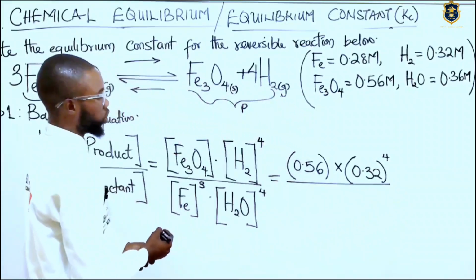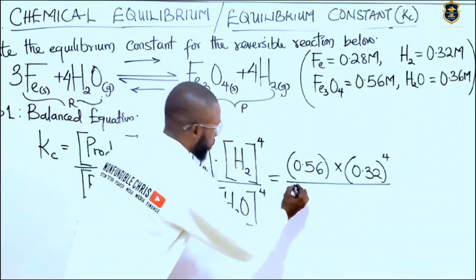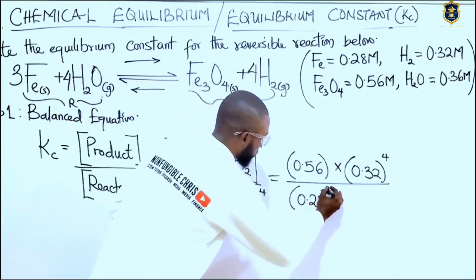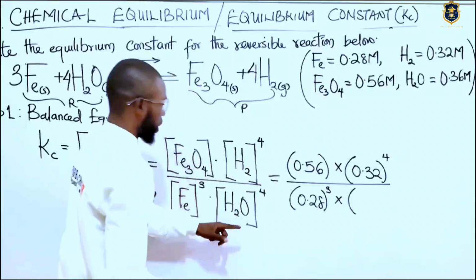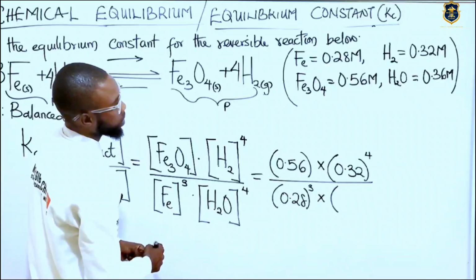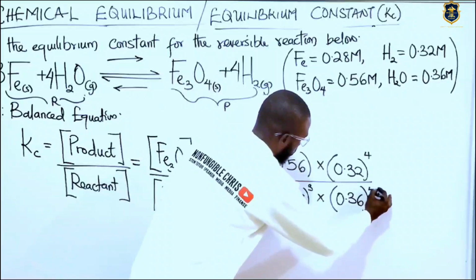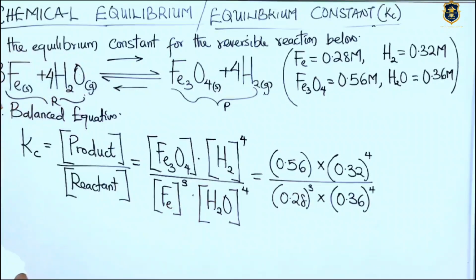All over, let's check for Fe. Iron is 0.28, raised to the power of 3. And then times for the water, H2O, is 0.36 raised to the power of 4. This is the best time to use that calculator of yours, right?